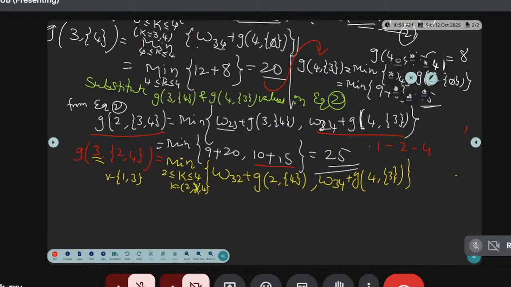This is equation 3. Then here find out g of 2 comma 4 and minimum of k value here, only 4. K value only 4.